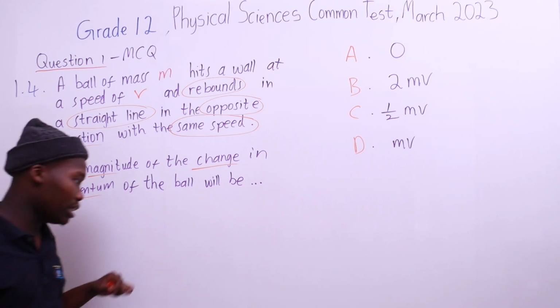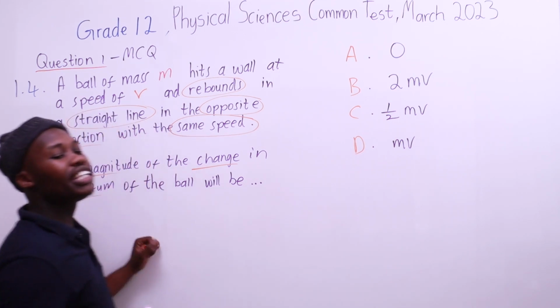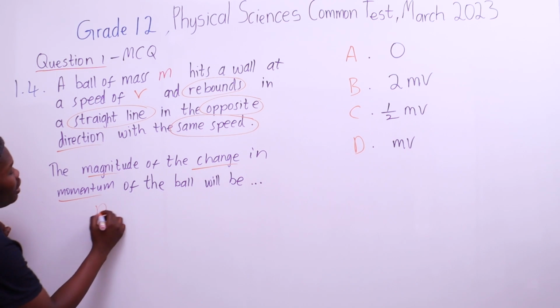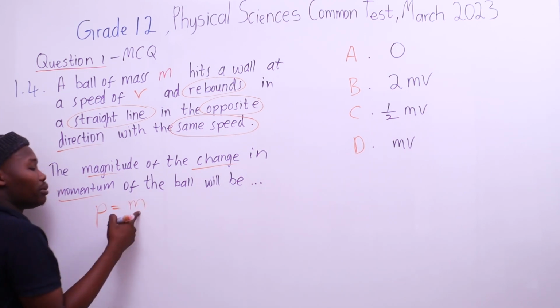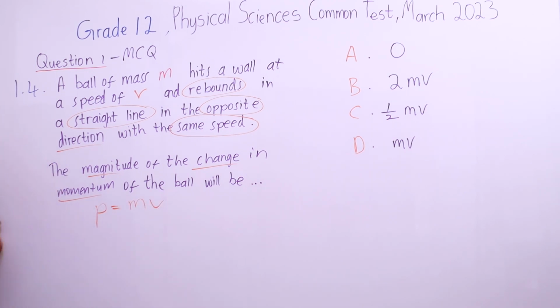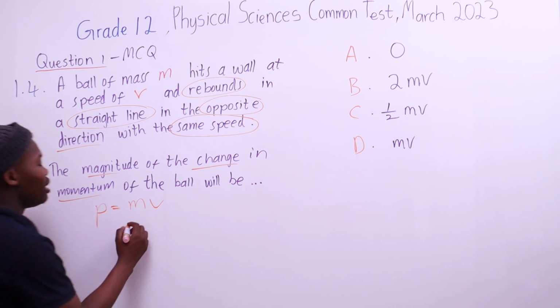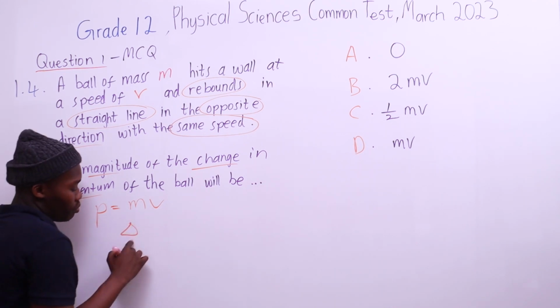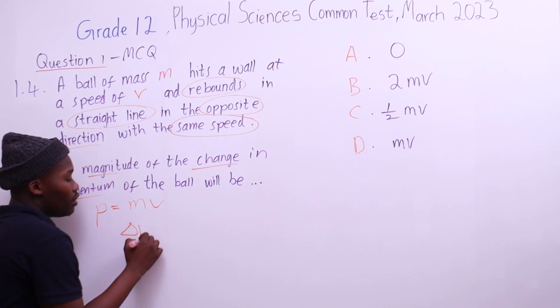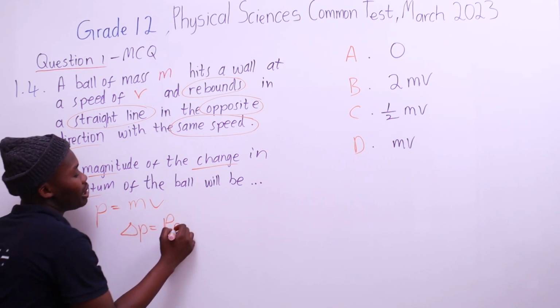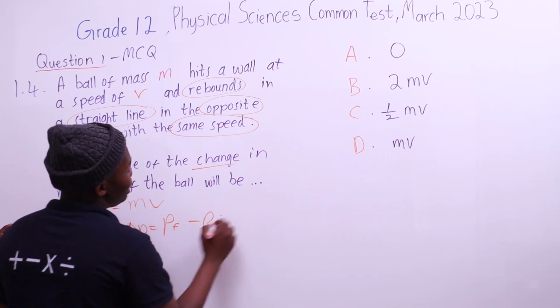Alright, so what we know, the definition of momentum: momentum is the product of an object's mass and its velocity. Initially and finally we can get the change in momentum. The change in momentum is equal to the momentum final minus the momentum initial.